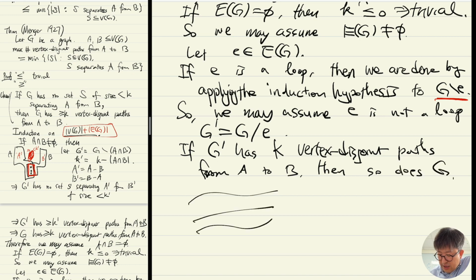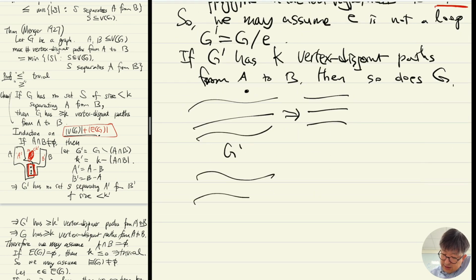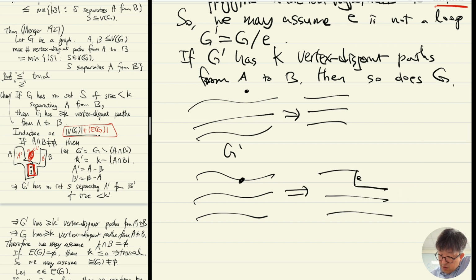Because if you have K disjoint paths in G prime, now the contracted vertex, if it's outside of these paths, then you're still fine, everything else is still a path. If the contracted vertex is here, then maybe the contracted edge was here, or the edge is here, right?